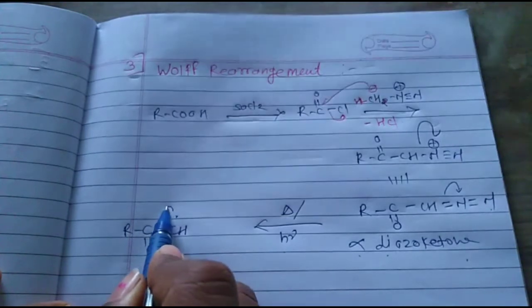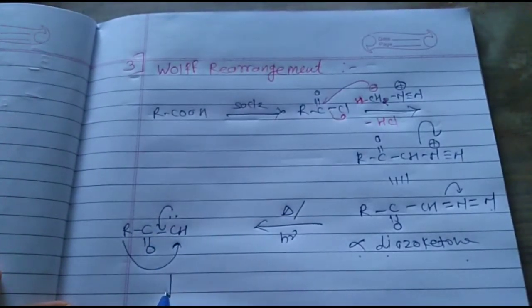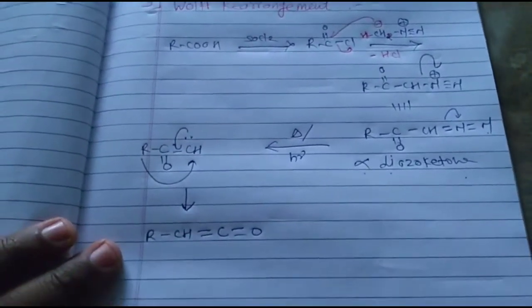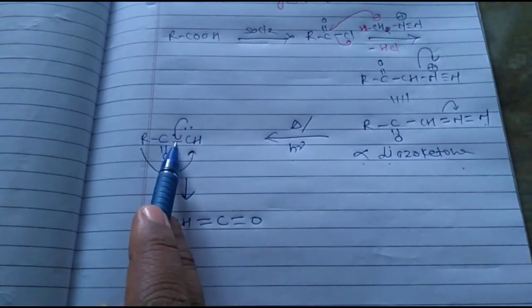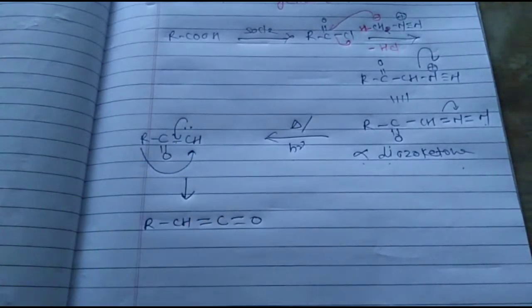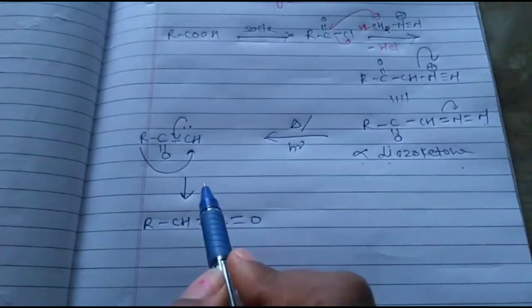That means this bond is shifted to here and this R group is shifted to here. There is a formation of R, CH double bond C double bond O. The carbene has shifted to here, and that's why this R group is shifted here. Okay, this is a rearrangement reaction.